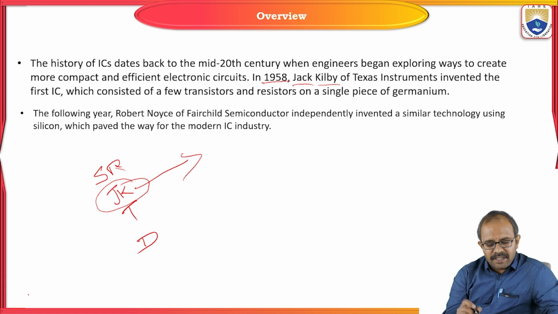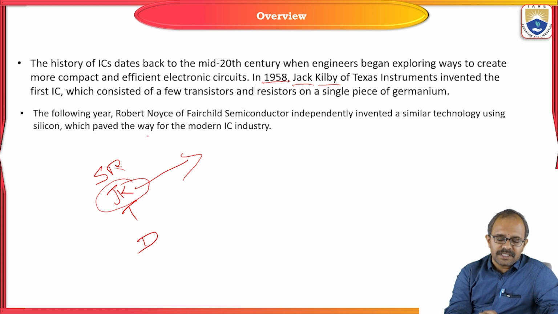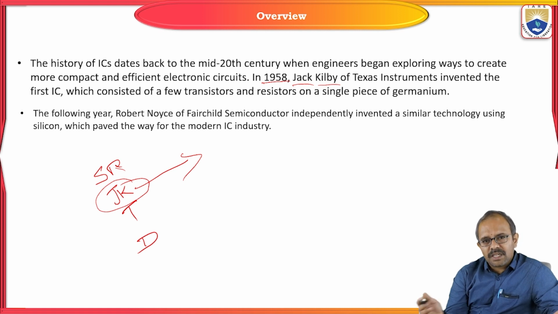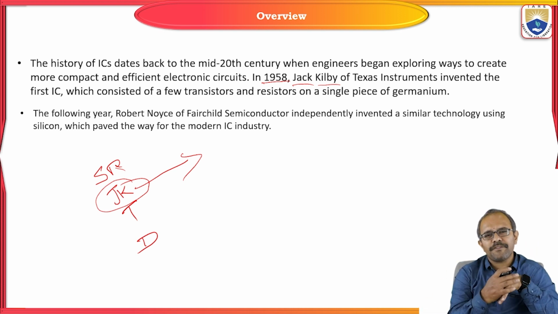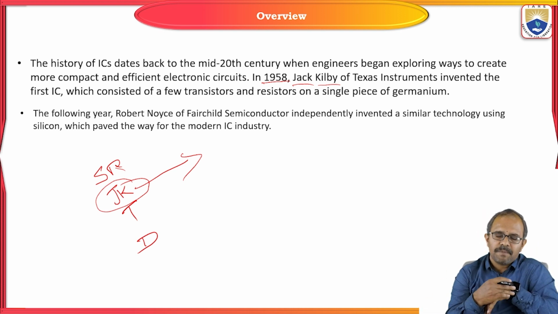And the next year, another famous scientist, Robert from Fairchild Semiconductor, independently invented a similar technology using silicon, which allowed people to come up with new ICs. So you can always remember these two people who are the pioneers of this IC technology.